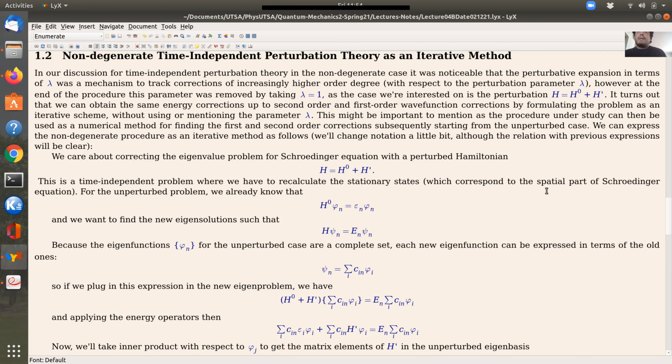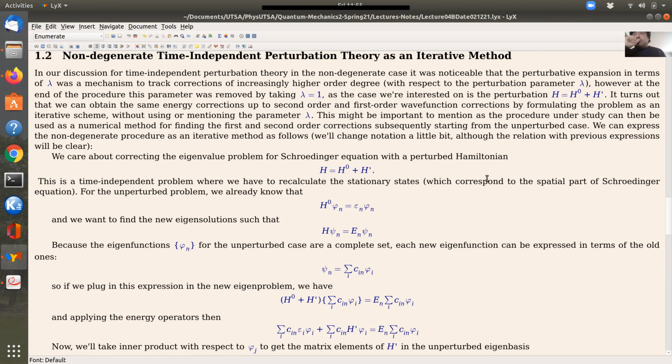I'm giving this for completeness because I think this is very illuminating regarding why we bother to do this expansion in terms of lambda and at the end make it equal to 1. Of course, it's a good method. It's nice to keep track of the different orders, but if you make it at the end equal to 1, it would in some way make the lambda seem irrelevant.